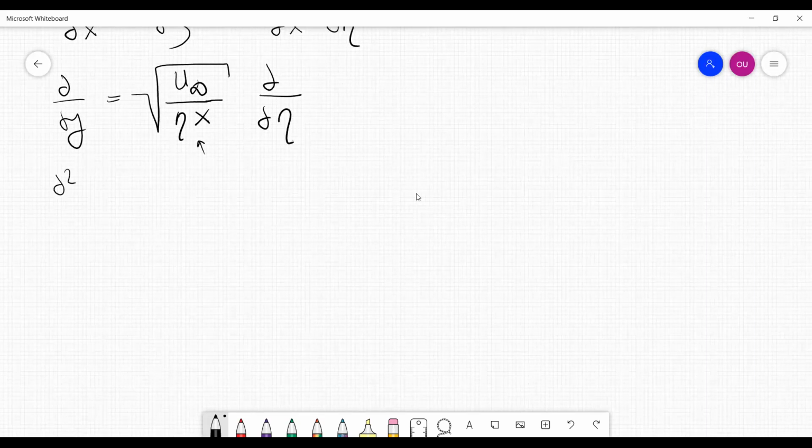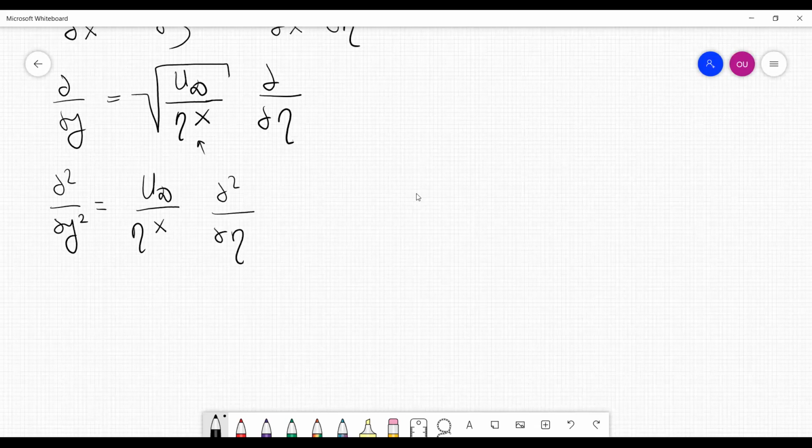The second derivative, we also have it on the right-hand side of the x momentum conservation. So this is u infinity divided by, again, eta times x, and second derivative with respect to eta, d square over d eta square. So this is one thing.